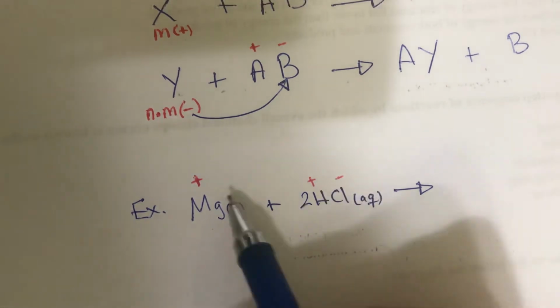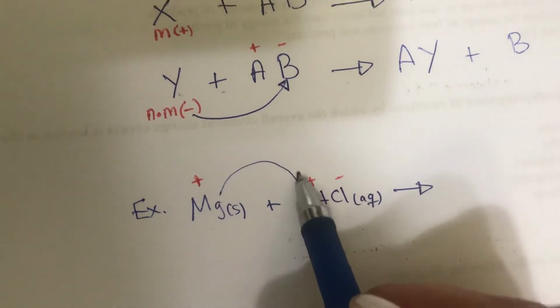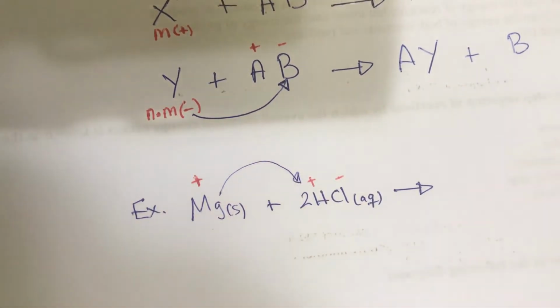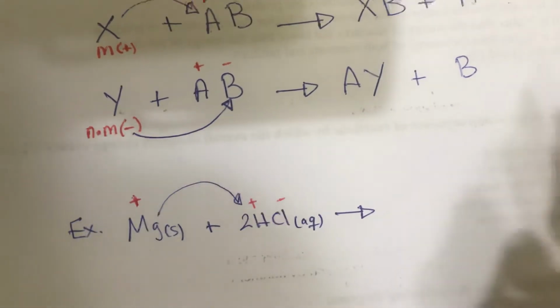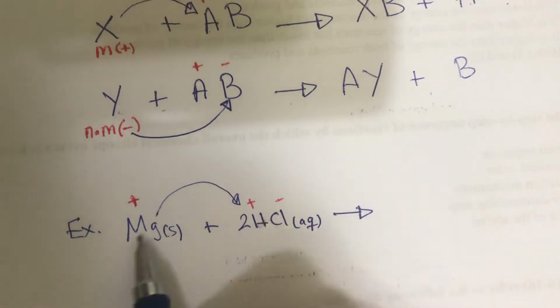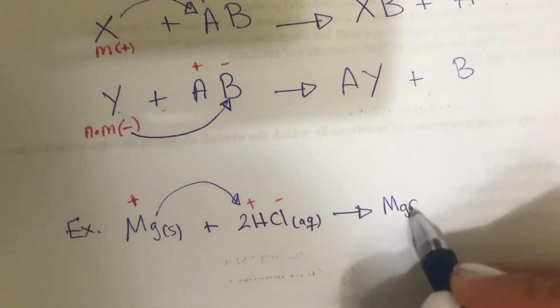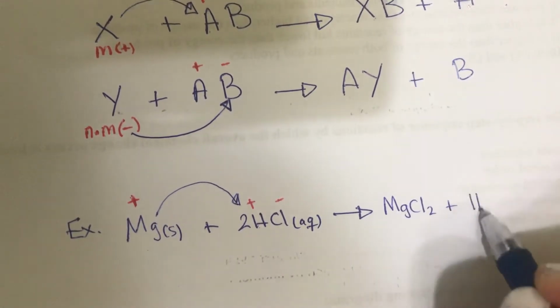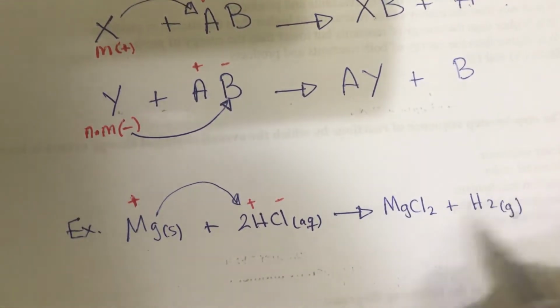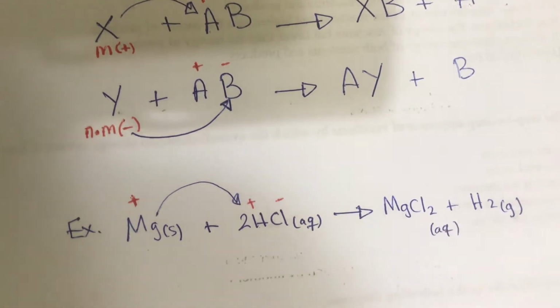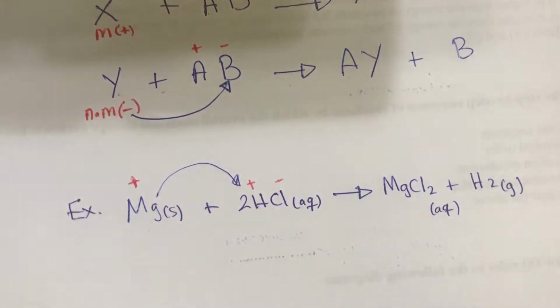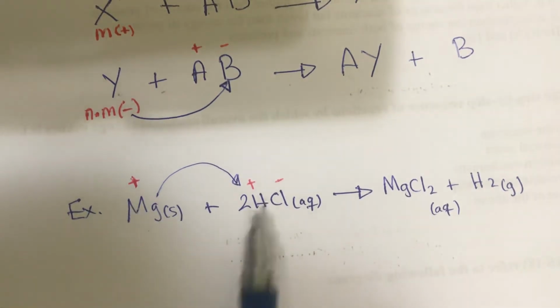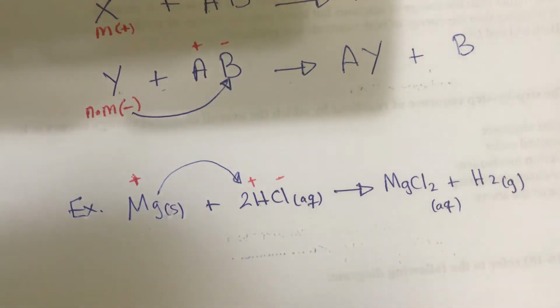So here magnesium will replace hydrogen in the compound. The products are, instead of HCl, MgCl2 and hydrogen gas. So it's a single displacement reaction. A metal replaces hydrogen in a compound.